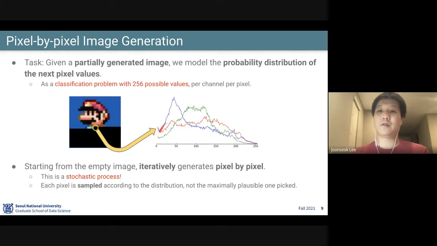So this blue distribution, for example, means it's highly likely the value is around 50, but it's not deterministically 50. We just sample according to this distribution. Then it's likely to be 50, but it can still be like 200 with lower probability. In that way, we sample the first pixel, and then given that pixel, the second pixel will be estimated with this probability again, and then we sample the second pixel, and we just repeat that process until we have the entire image. Okay.